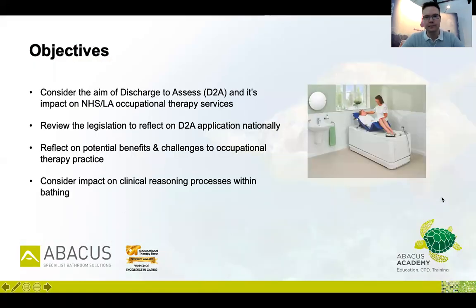So the objectives within the webinar are to consider the aim of discharge to assess and its impact on NHS and local authority occupational therapy services, and to review the legislation to reflect on discharge to assess and its application nationally.